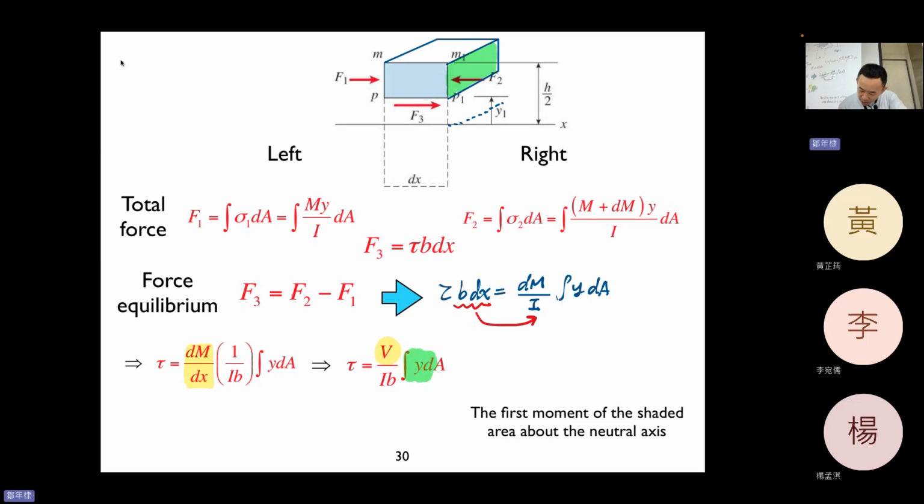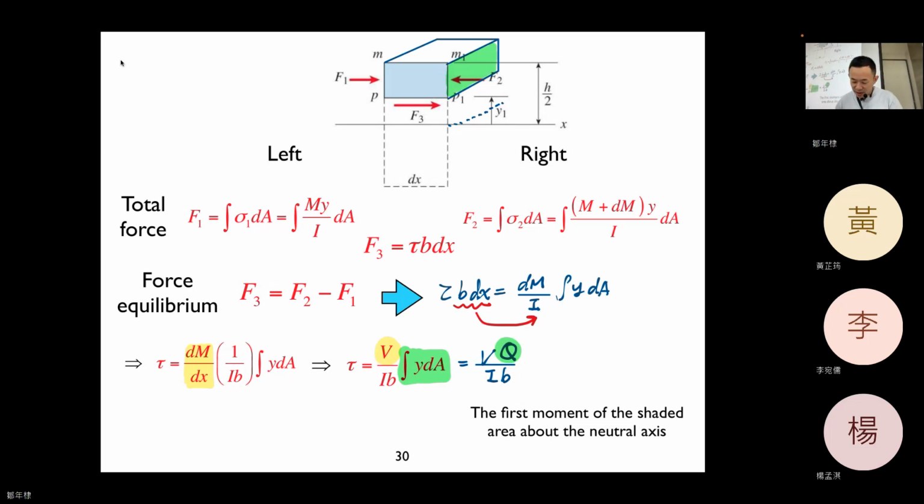What is y dA? y dA is actually the first moment. Remember this V divided by Ib. Remember the Q. What is Q? The first moment of the shaded area about the neutral axis.